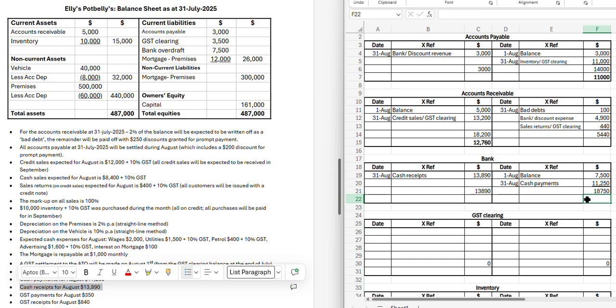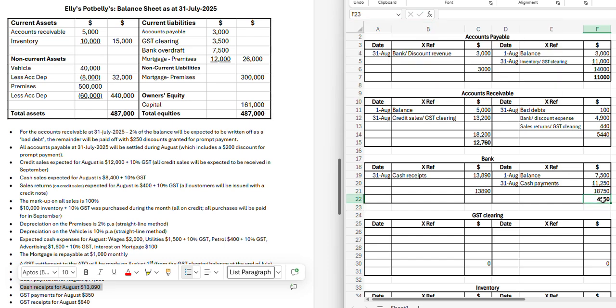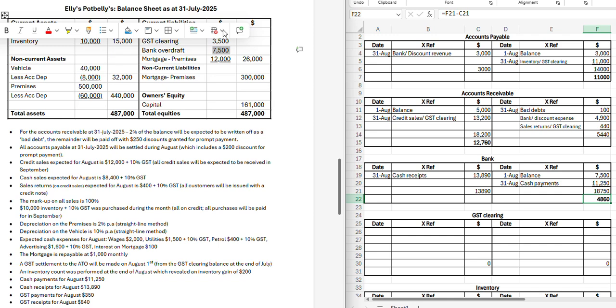So to work out our final balance, total credits minus total debits means that in this case we are going to have a $4,860 overdraft because it's a credit balance. So that would reappear for our end of August figure in our current liabilities.